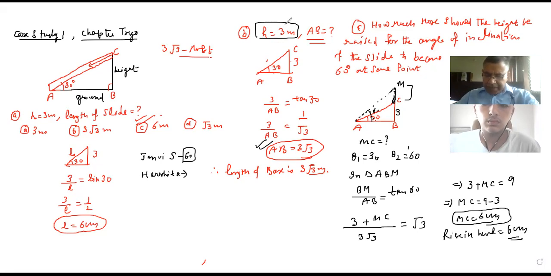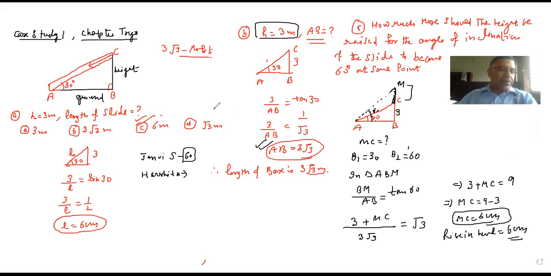So you got the idea of this. Now, next case study. Sir, from chapter 8 related to circle, we will have case studies only. No, it is not like that, beta. There will be MCQs also.